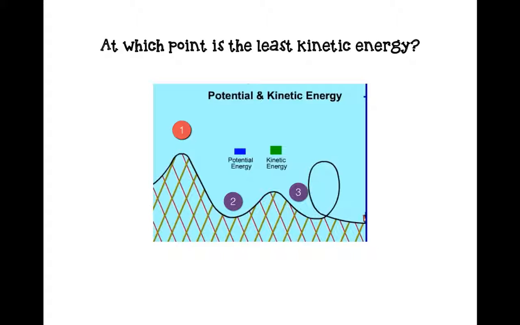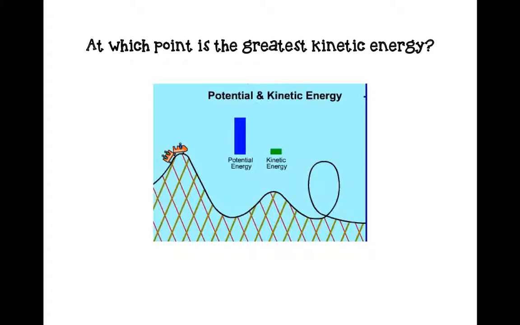The reason for this is that there's greatest potential energy in location 1. Therefore, if there's greatest potential energy, there would be least kinetic energy. The roller coaster is currently not moving at a high speed, so it only makes sense for it to have the least kinetic energy.